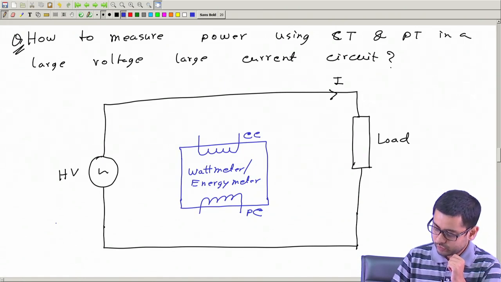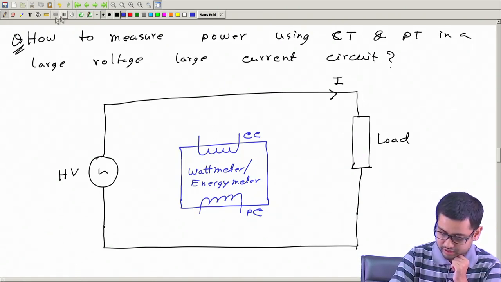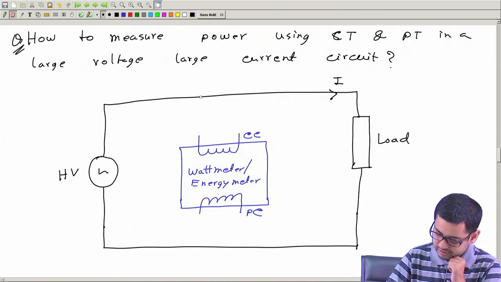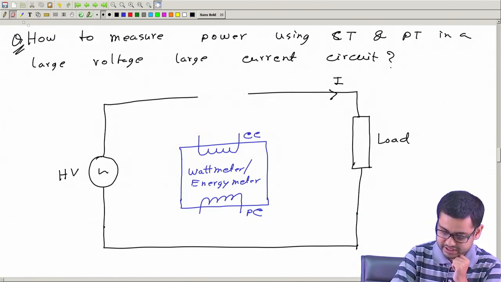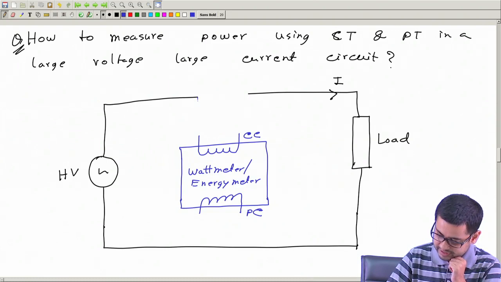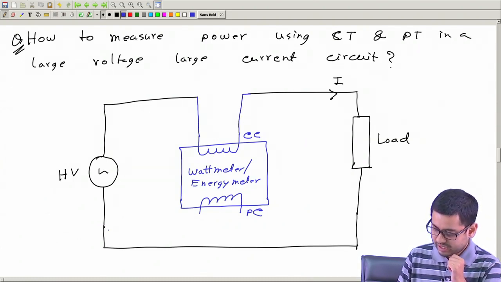Now what we do? We normally connect the current coil in series like this, and we connect the voltage coil.